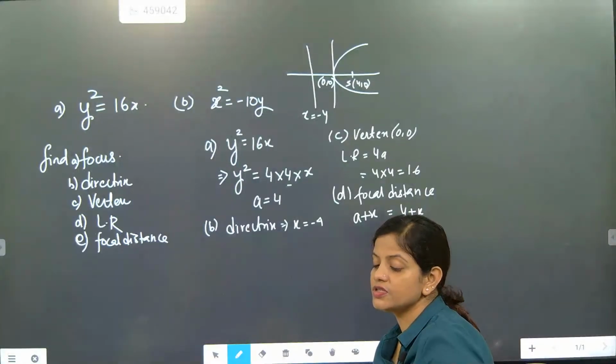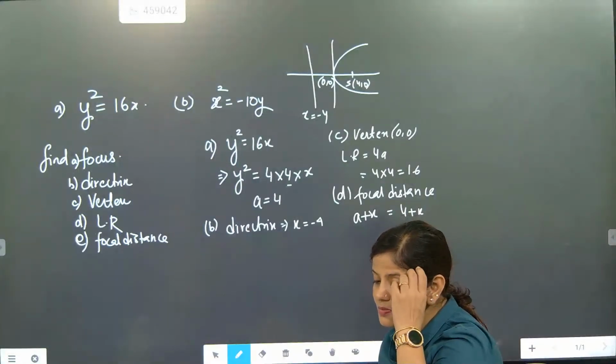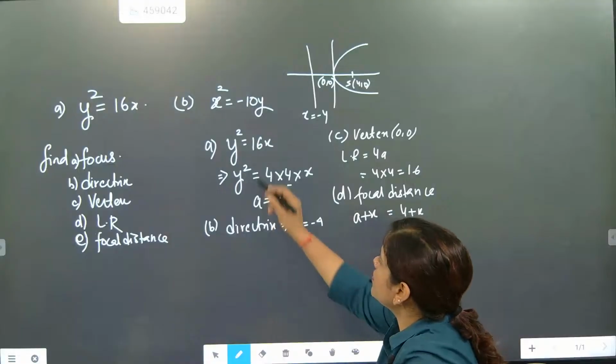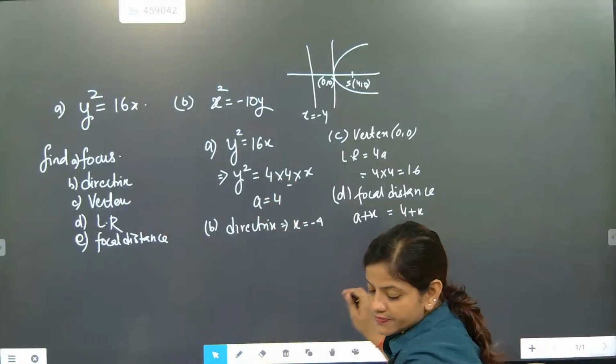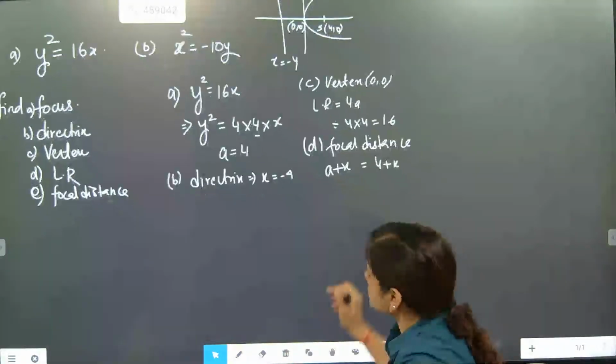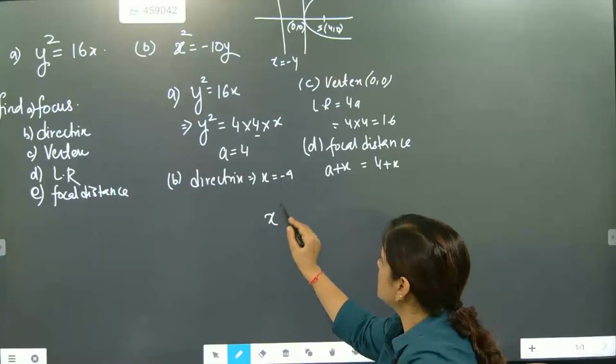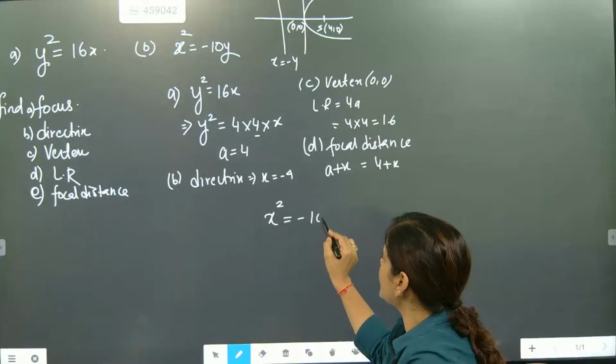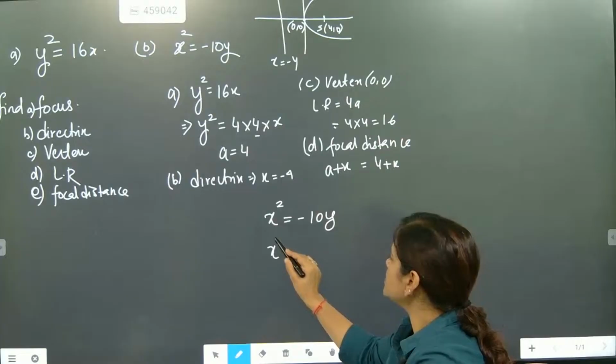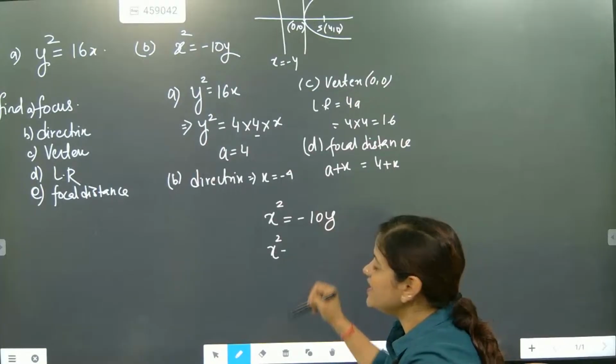So now the second question. Can we go for the second question, please? When you are solving x square is equal to minus 10y, we need 4.